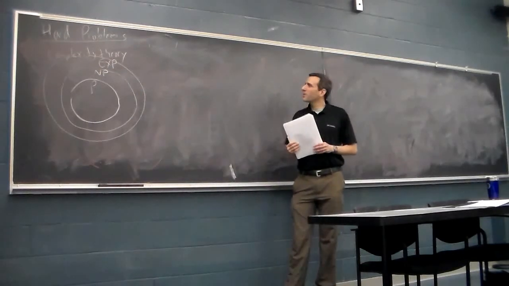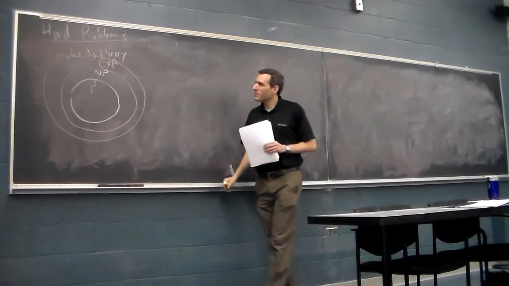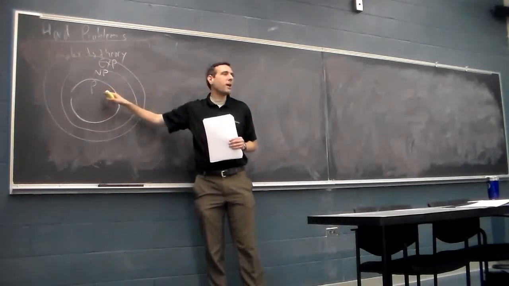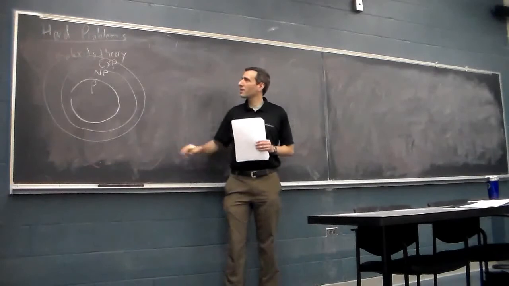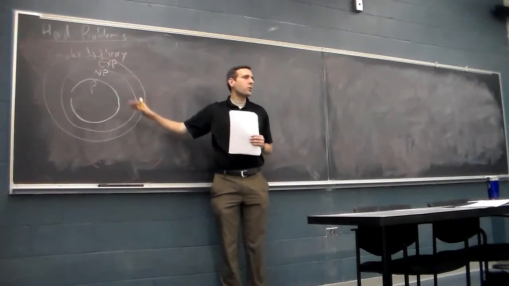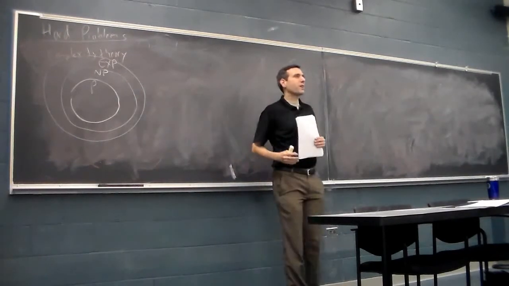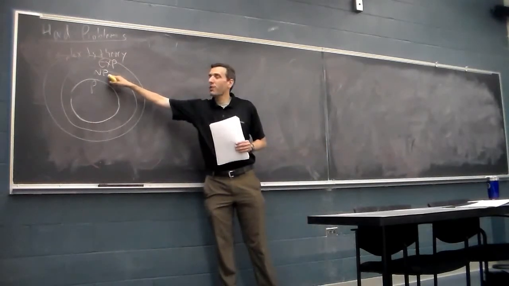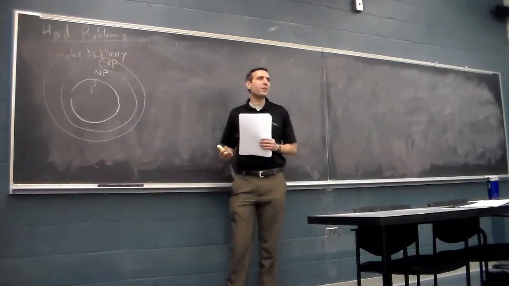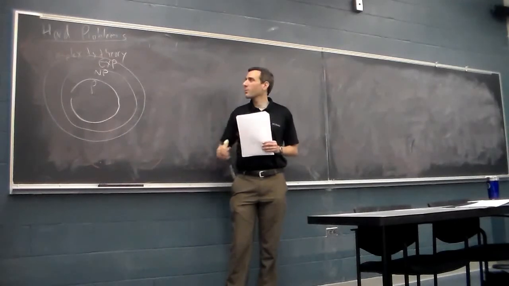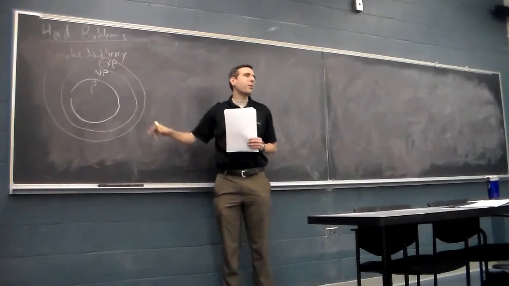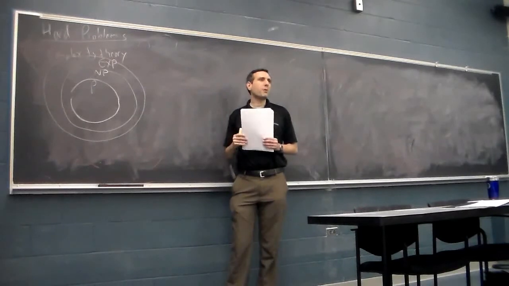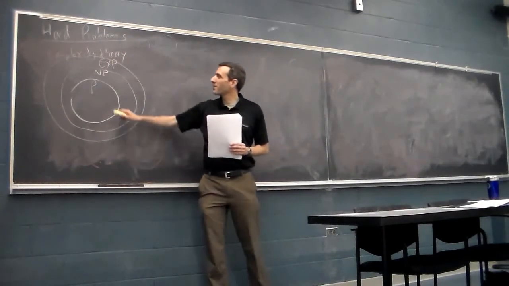The NP problems are a set of problems that are not actually known not to have polynomial time algorithms for certain, but no one knows any polynomial time algorithms for any of these, and it's strongly suspected they're actually problems that can't be solved in polynomial time. So for our purposes, what we're going to do is assume that these NP problems are the intractable problems, or ones that don't have polynomial time algorithms.